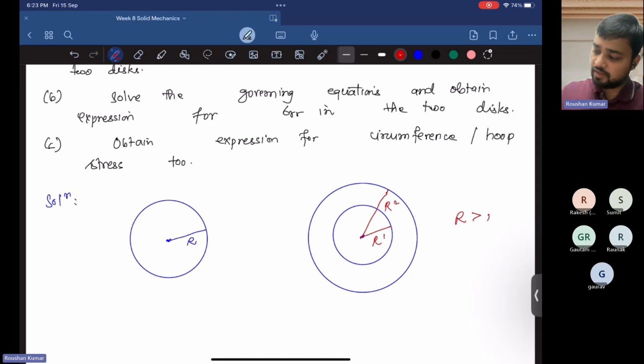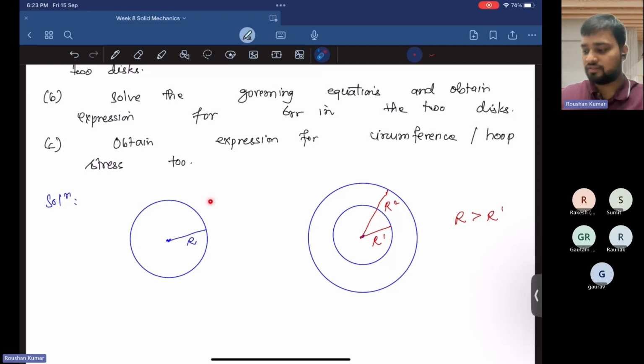Here it is mentioned that R is greater than R1. That means the radius of this solid disk is greater than the inner radius of the hollow disk, and then the question arises: how can this solid disk be fitted inside this hollow disk?